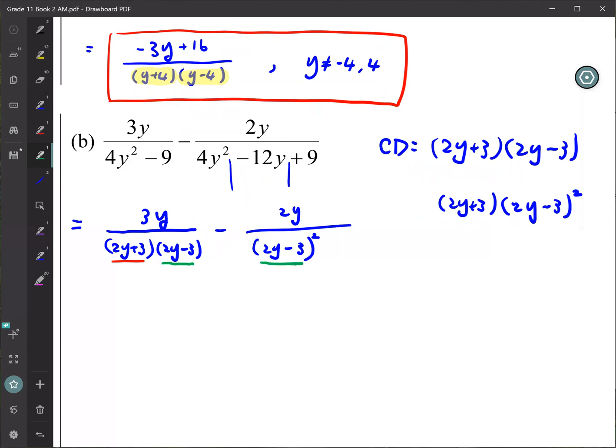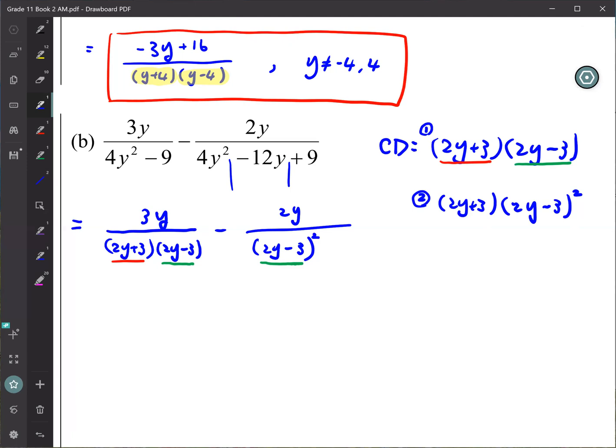If you look at the first common denominator, you have the 2y plus 3, right? That's there. You also have the 2y minus 3, right? Let me label it. This is the first choice, this is the second choice, okay?